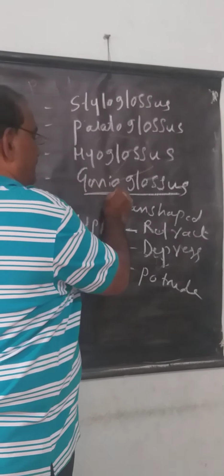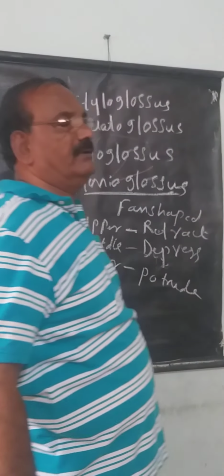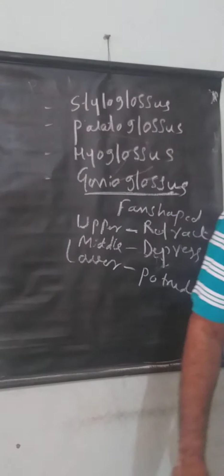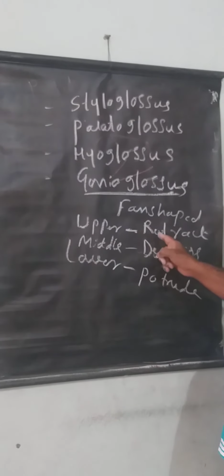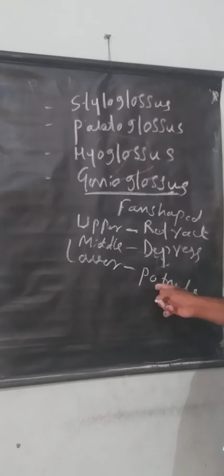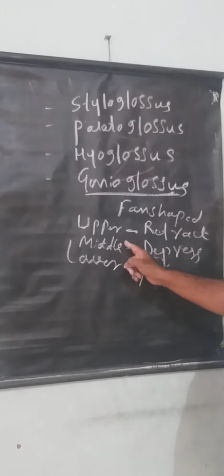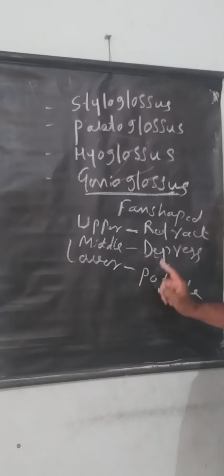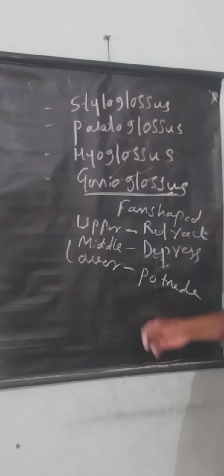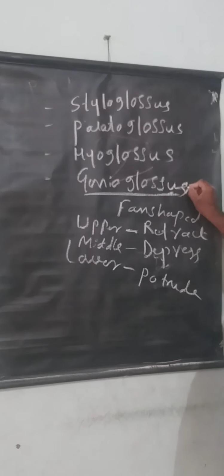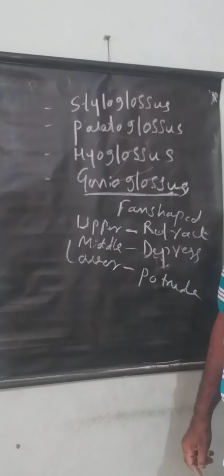If it is paralyzed, the tongue falls back. Suffocation will occur and death may occur, because it has three different functions: retraction, depression and protrusion. Upper fibers are meant for retraction, middle fibers for depression, lower fibers for protrusion. If this nerve is paralyzed, the tongue may fall back, suffocation may occur, and the person may die.